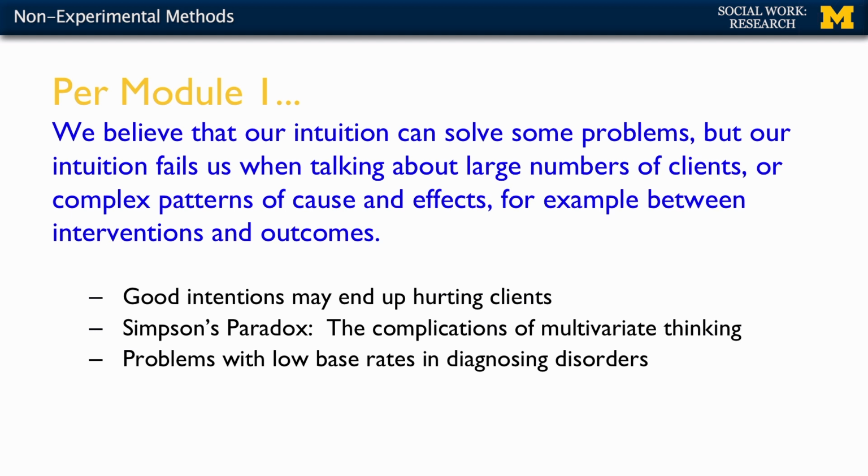We ended our discussion in that module. We talked about the idea of diagnosing disorders and how there might be some apparent intuition, but again, there were counterintuitive results if we thought about situations in which there were rare diseases or disorders with low base rates.